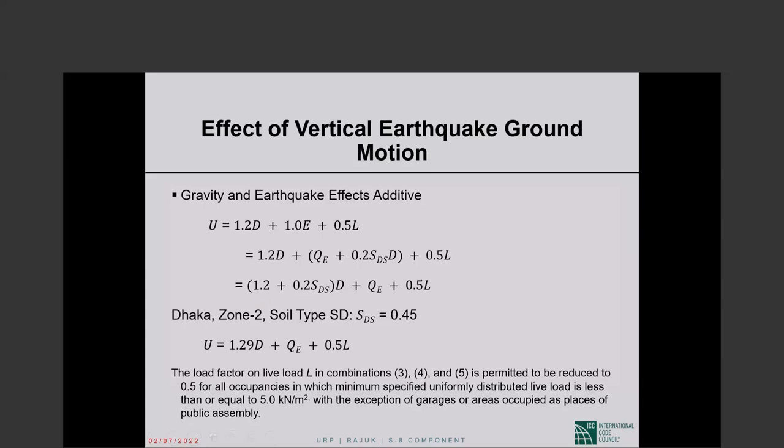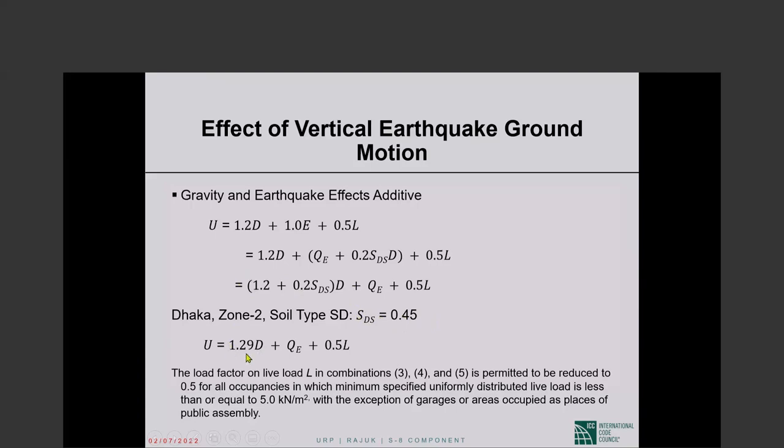Okay. If you take the example of Dhaka, which is zone 2, soil type S sub D is quite common, particularly on the north side. S sub ds then is 0.45. This value is given in Appendix C. For S sub ds of 0.45, 0.2 S sub ds is 0.09, and the dead load factor becomes 1.29, as you see here.